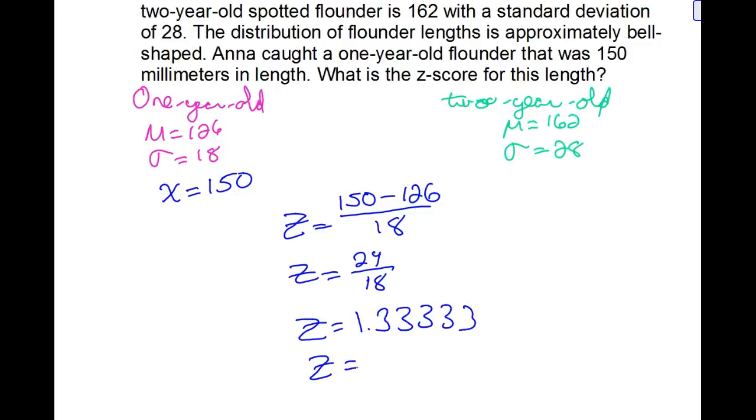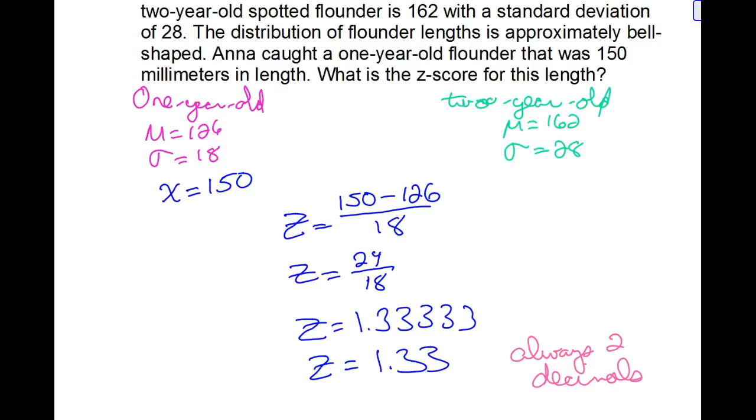Well, when we're talking about z-scores, we always want to go to 2 decimal places. So, always 2 decimals. Even if you have to tack on zeros, you always want z-scores to end with 2 decimal places.